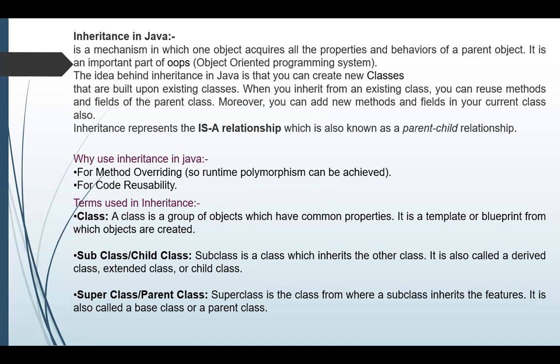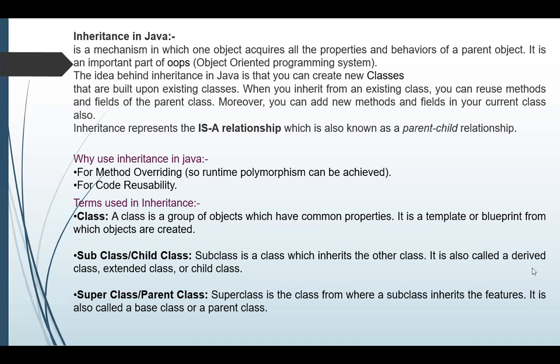Now we have two other classes. The first is the subclass or child class. Next is the superclass or parent class. What is the usability of these things? We will see. A subclass or child class is a class which inherits other classes. This child class will be the new class which we are going to create.